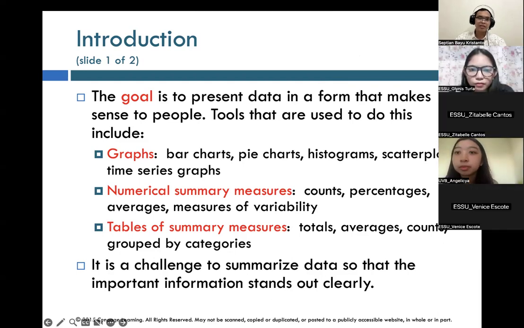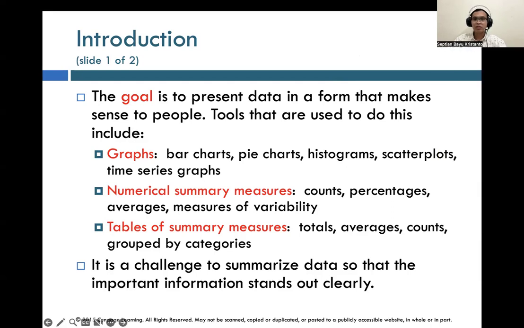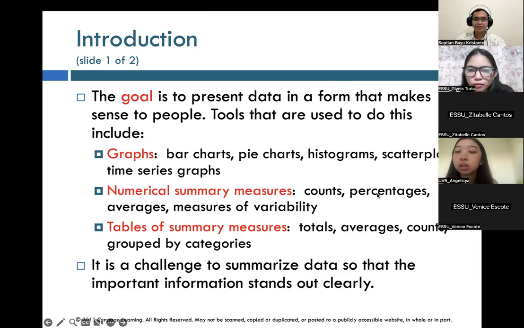And for the summary of the data, you can present tables that conclude the totals of your data, the average of the data, or the counts grouped by category, and the challenge is how to summarize and how to inform what is the meaning of the numbers in your statistics.